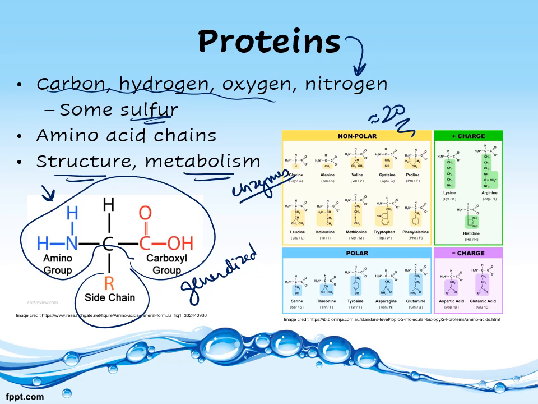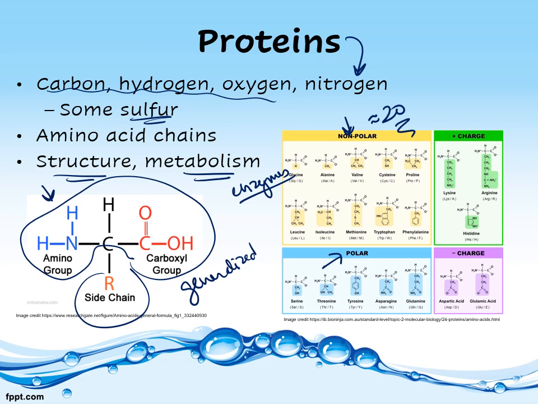Lots of different kinds of amino acids have different properties, and by putting these different amino acids into different orders in our proteins, we are able to make proteins with these different properties and therefore these different functions. So we have some that are nonpolar. Nonpolar means that they don't have charges. They do not dissolve very well in water at all. Some of them are polar, where they have like a positive side and a negative side.